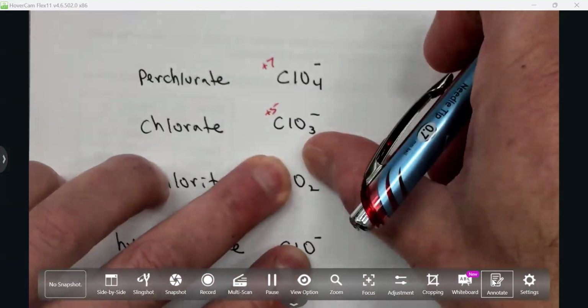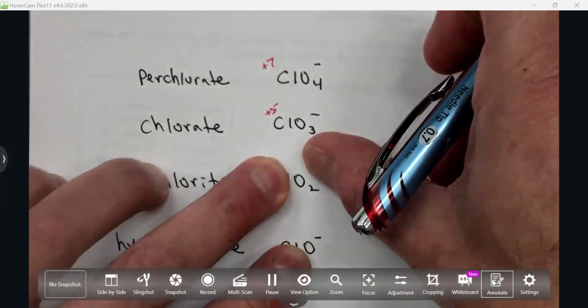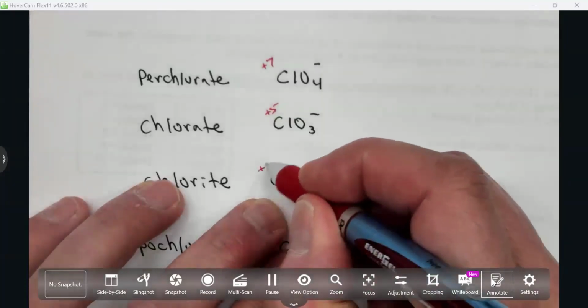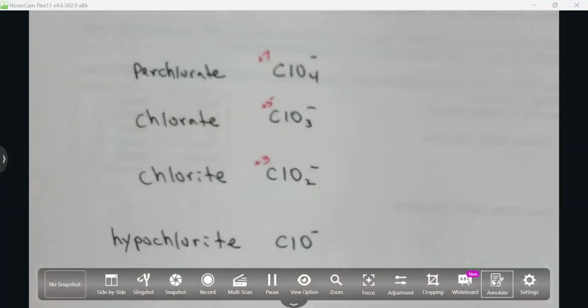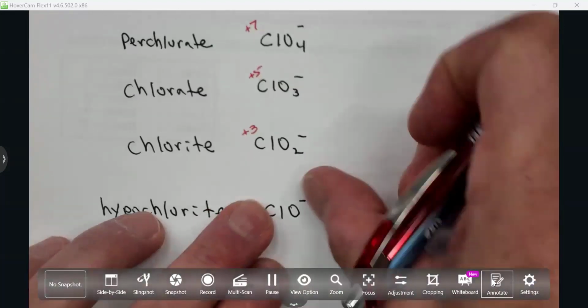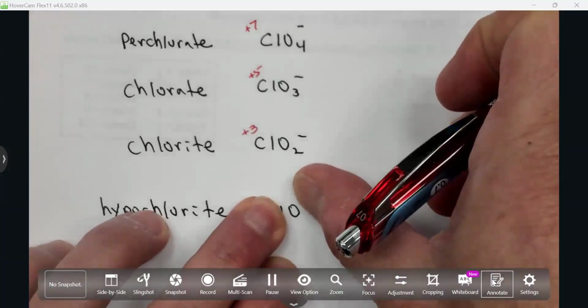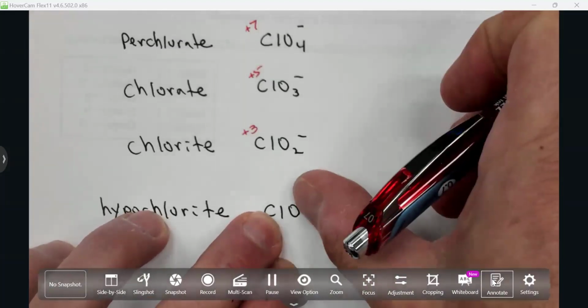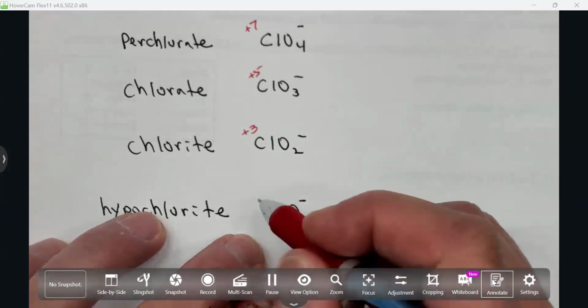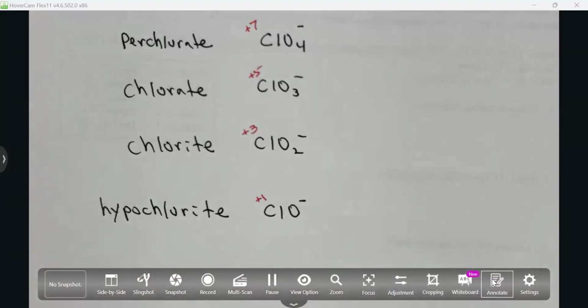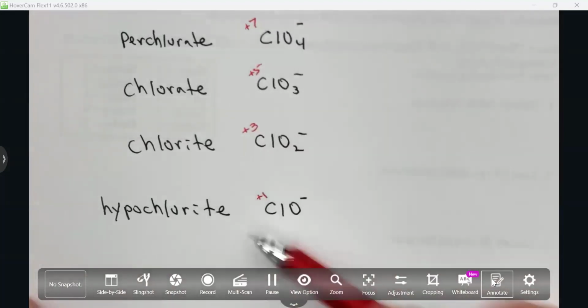Two oxides, -2 each, -4. What positive number with -4 leaves us a -1? +3. And this oxide's -2. What's the chlorine's charge? +1, right? The oxide charge does not change, but you just have different chlorines.